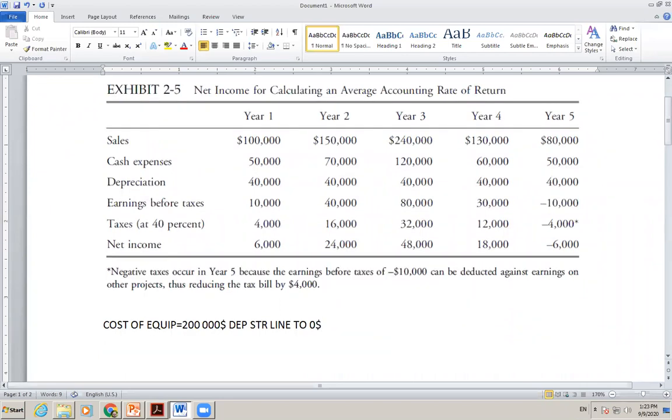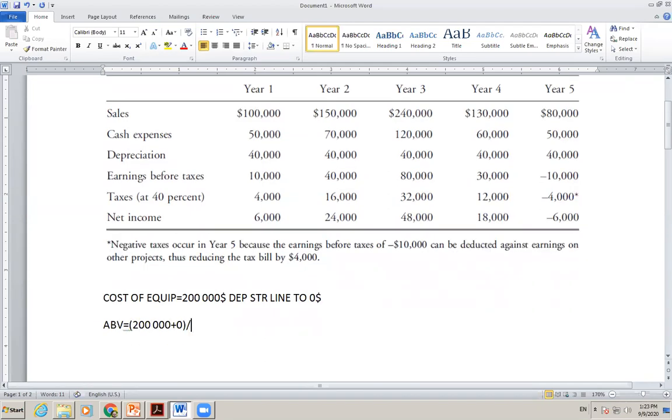Now, the average book value is equal to 200,000 plus 0, of course in brackets, divided by 2, which is 100,000.